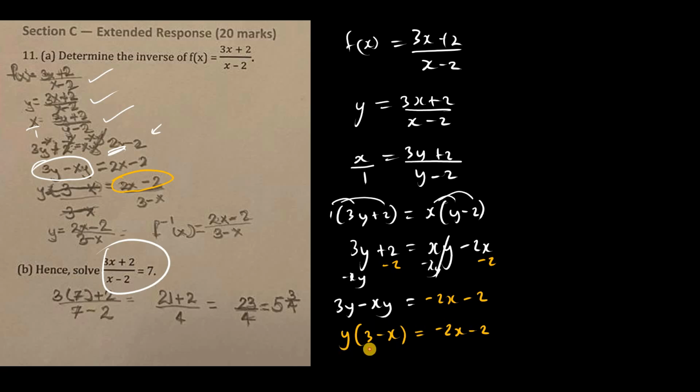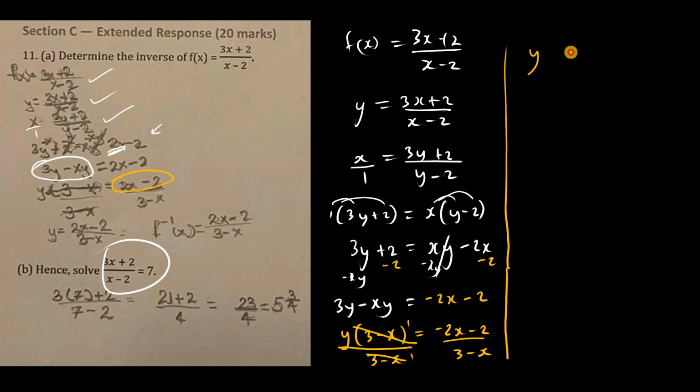Then I'm going to divide both sides by 3 minus x. This to itself goes once. So I'm left with y equals negative 2x minus 2 over 3 minus x. So this y, which defined f of x before, now defines the inverse of f of x.